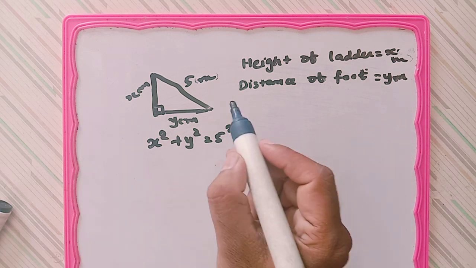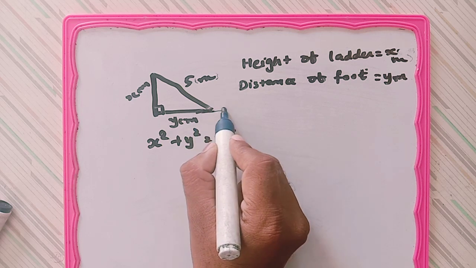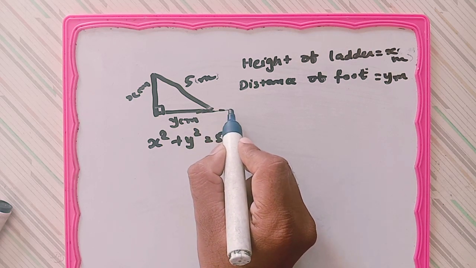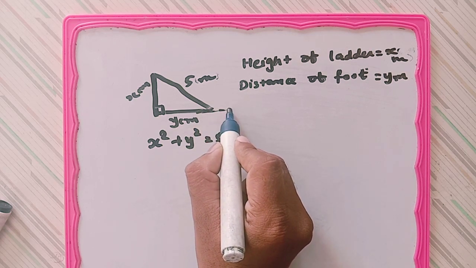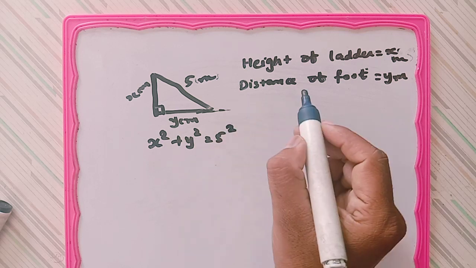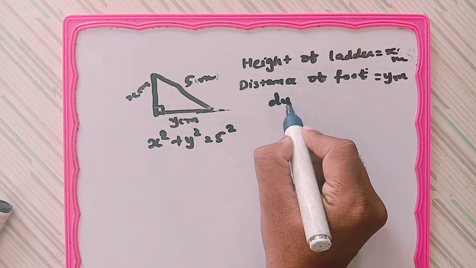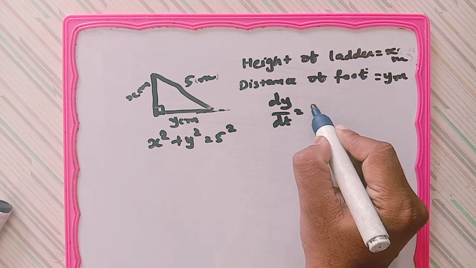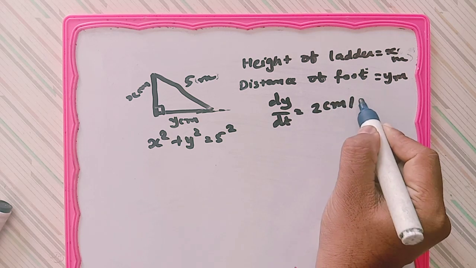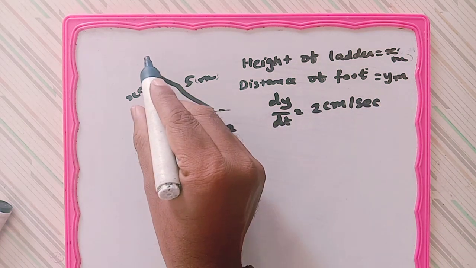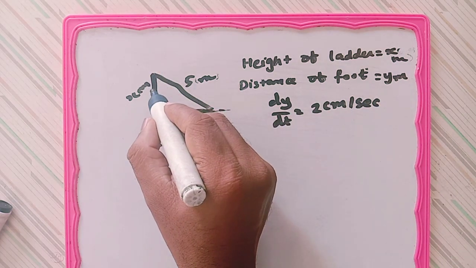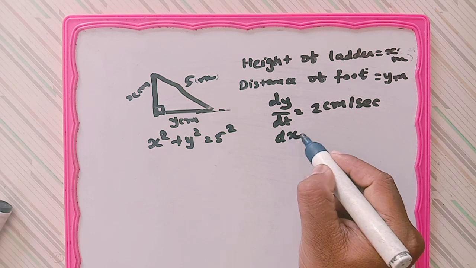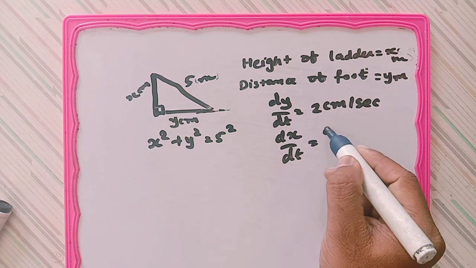Now also it is given that from here we pull the ladder foot, that rate is given, means dy by dt is given, 2 centimeter per second. Then the rate of the height coming down we have to find out. So dx by dt we have to calculate.